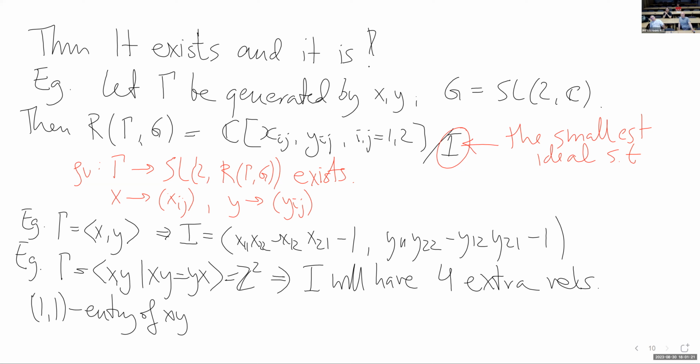Sorry, maybe just one more question. In your example you are using the fact that you have 2 generators and you are representing into SL2. What happens if you have more generators in your gamma?